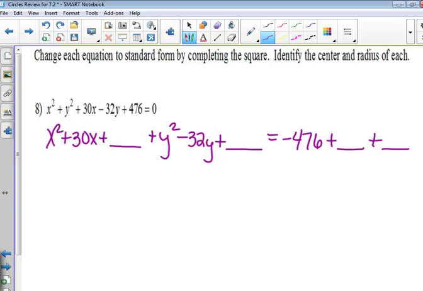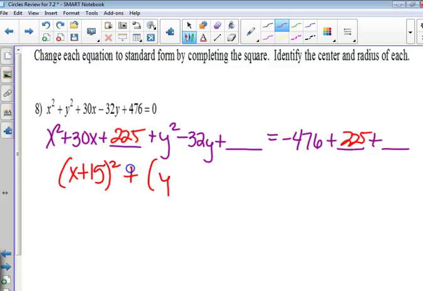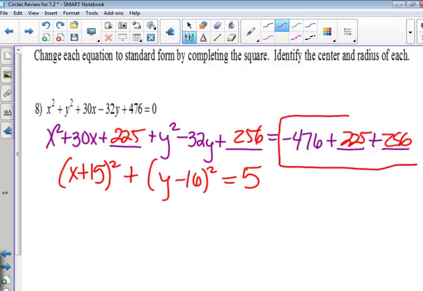I think so. Anyway, okay, guys, what did you get here? 15 and 225. Everybody okay on that one? And what'd you have back here? Minus 16 and 256 equals, is it 5? Okay, so, because we added all this together, is that not what you got?